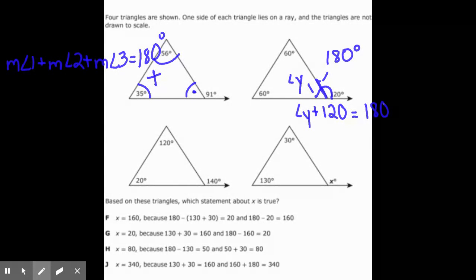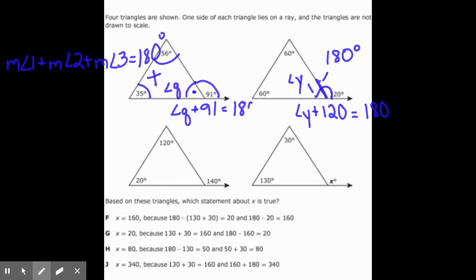All right, so if we're looking back at that first triangle, we know that these two, we'll call that angle Q. So angle Q plus 91 equals 180 degrees.